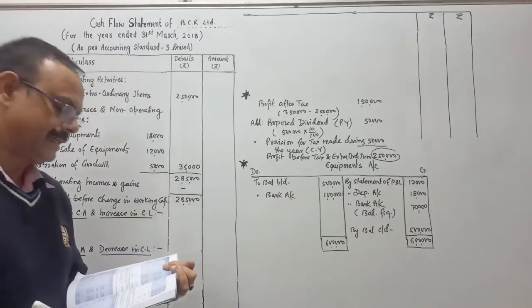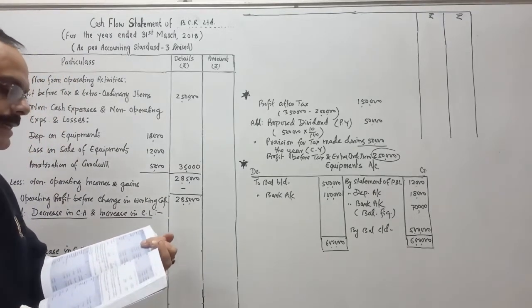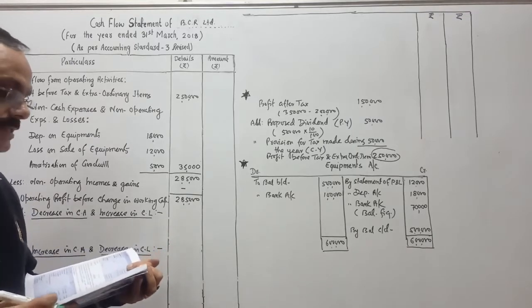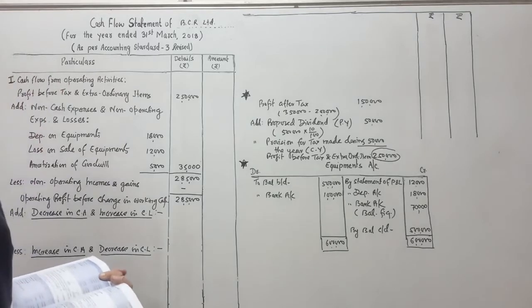So current assets in the balance sheet, you come to the balance sheet. Second one is current assets, inventory. Last year inventory was 55,000 and this year inventory is 1,30,000.